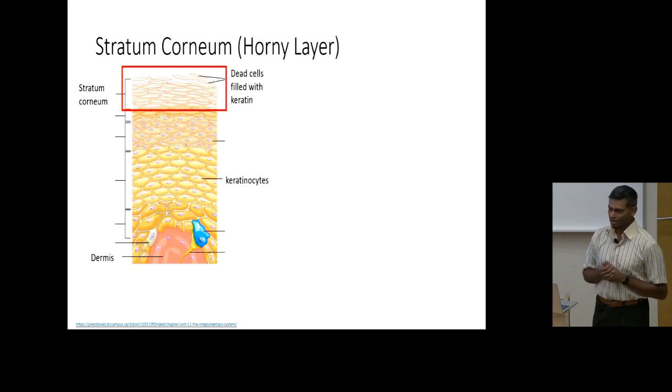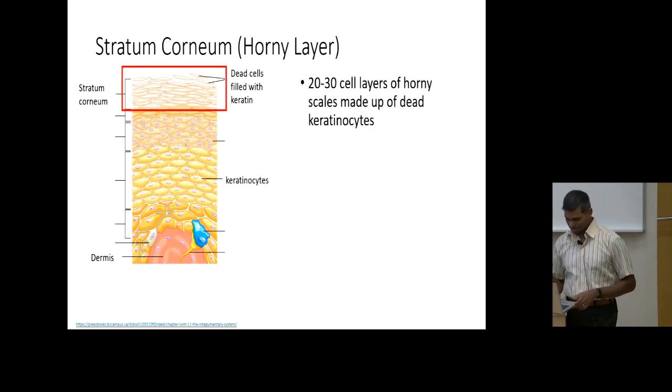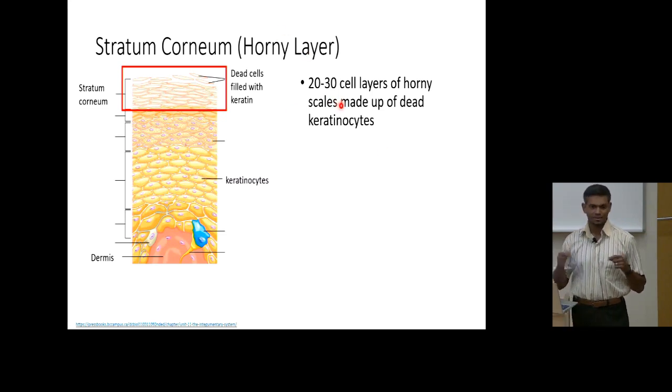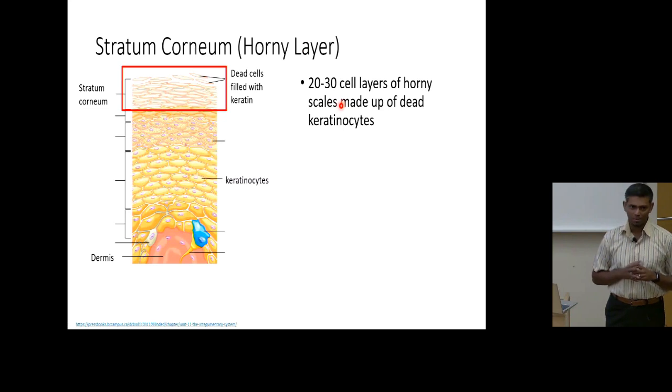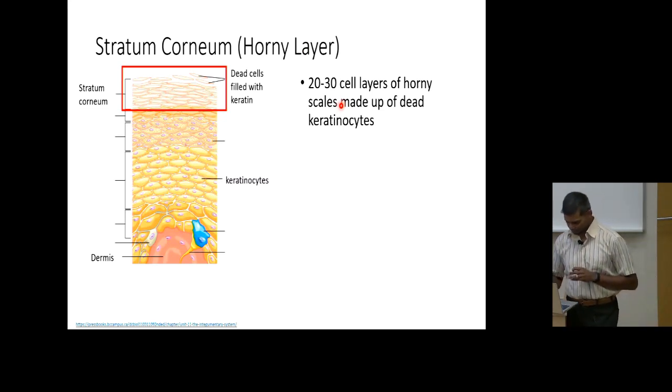We finally move all the way up to the stratum corneum, which is the most superficial layer, and this is made up of 20 to 30 layers of dead keratinocytes, filled with keratin. We call this the horny layer because the horns of animals are also made up of keratin protein.